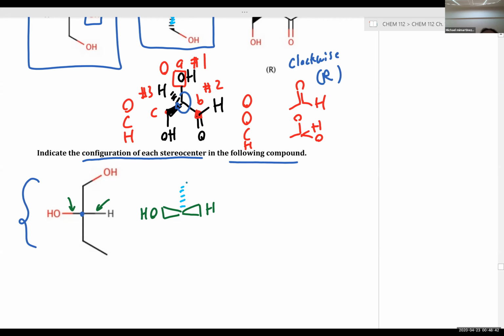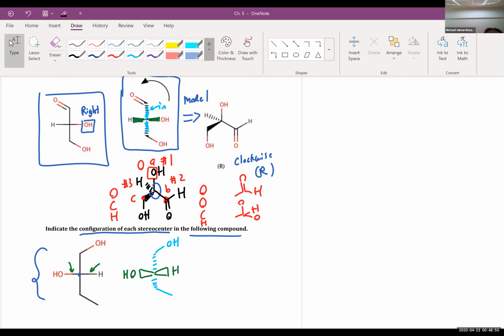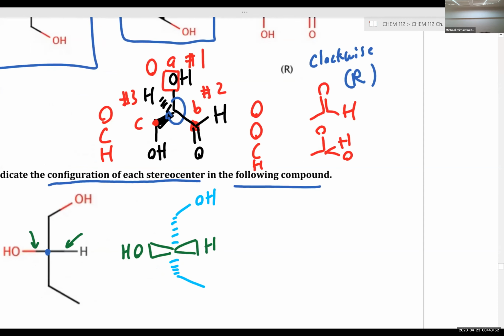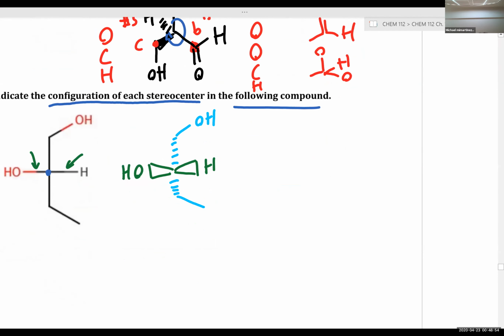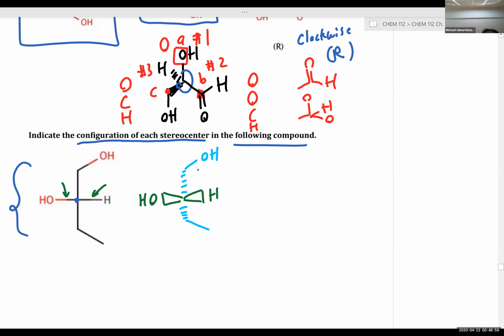Dashes, exactly right. Now remembering our rule for Fischer projections in general, and this is just something to avoid drawing a Fischer projection that catches people off guard, we put our most oxidized carbon on top. So we've checked all the boxes.